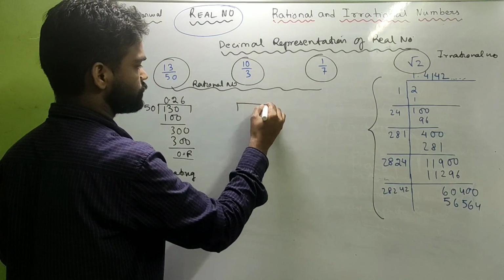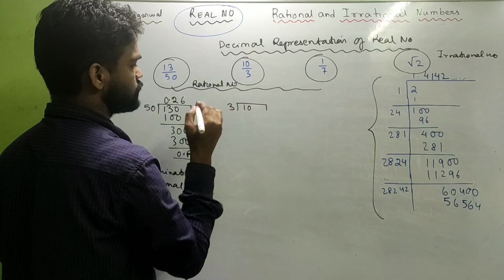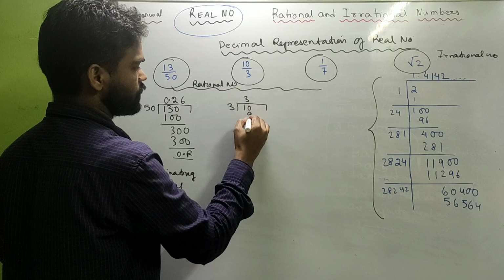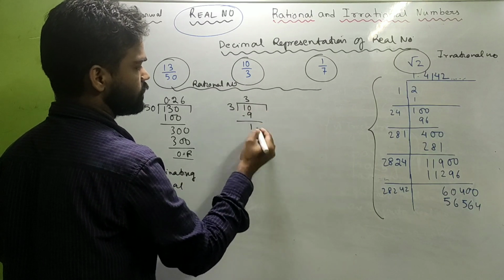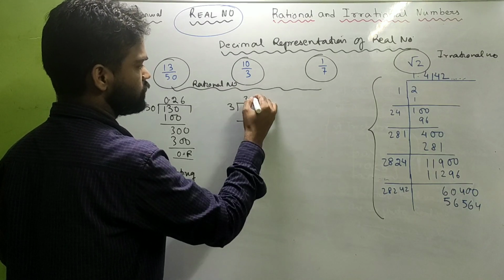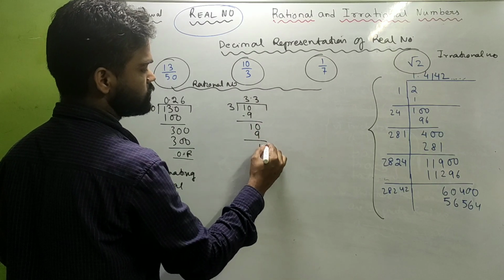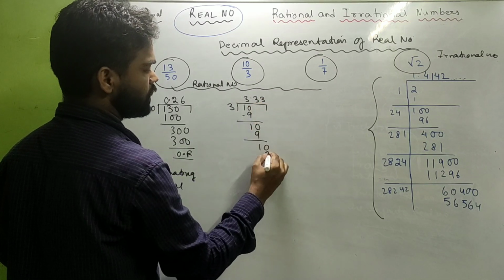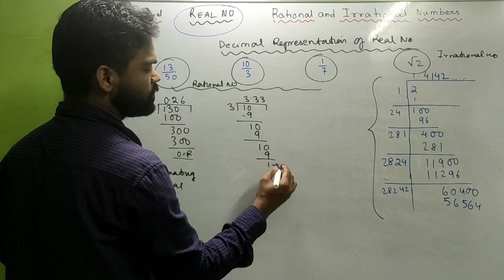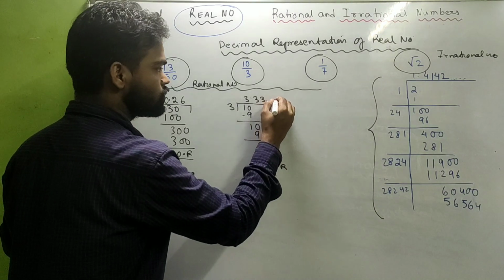Look at this, 10 by 3. 3 times gives you 9, remainder 1. Then point 0, 3 times gives you 9, again 1. Again the remainder keeps on repeating, so it goes on.